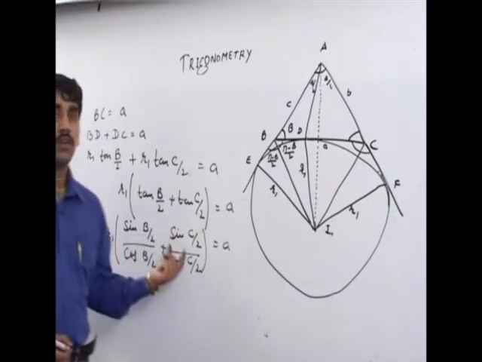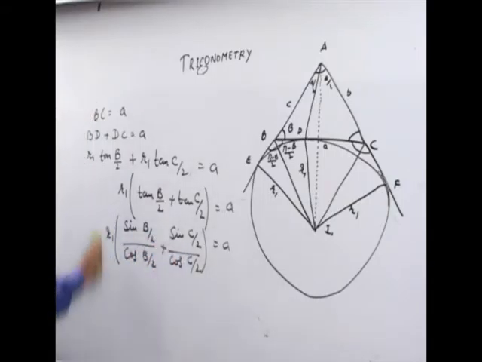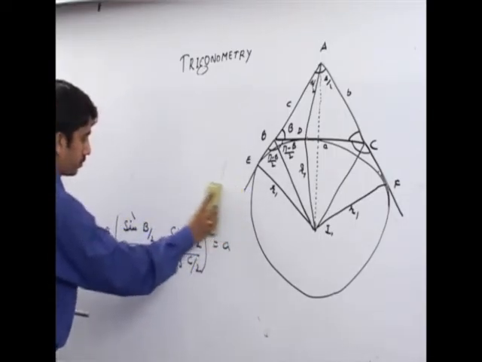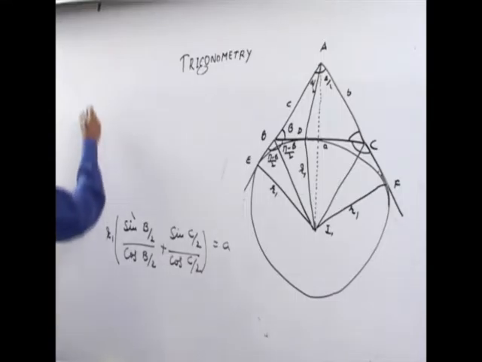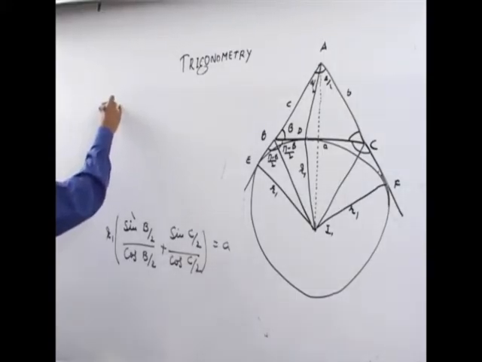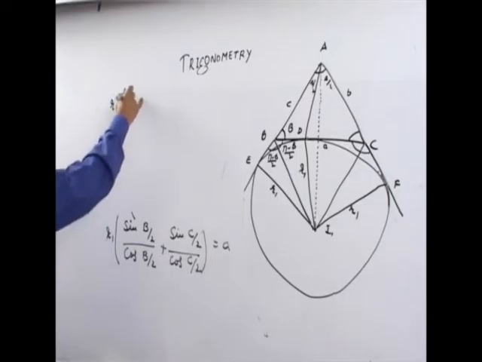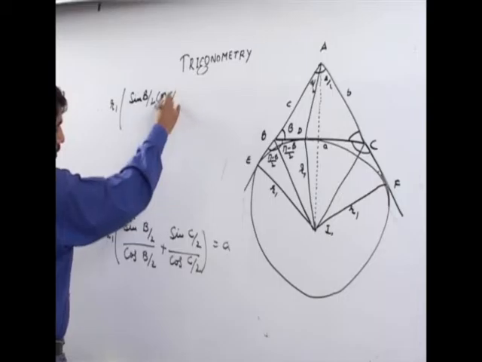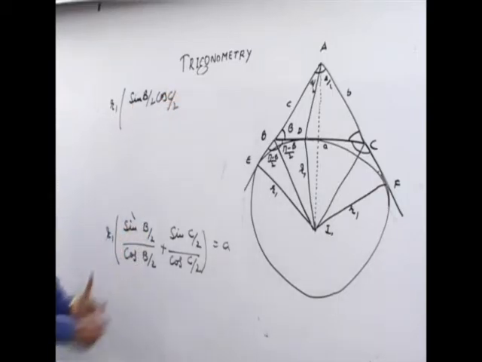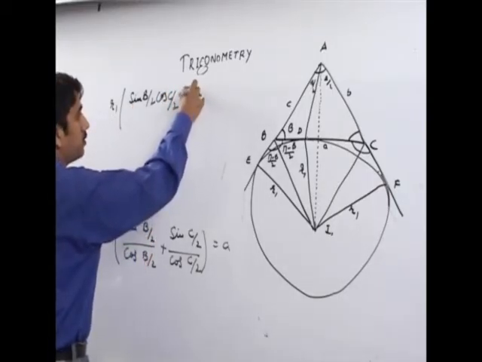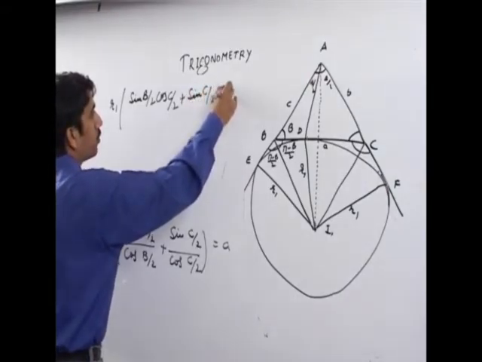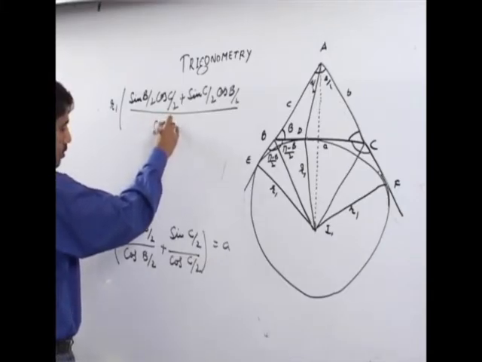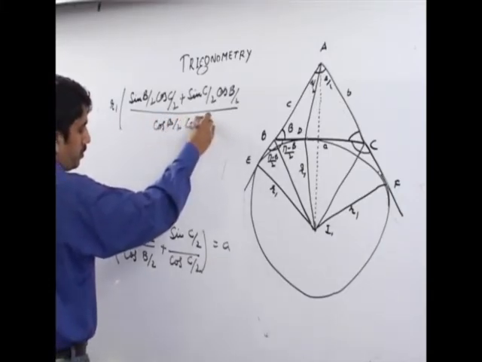which when you further solve, then you will get R1 into sine B by 2 cos C by 2 plus sine C by 2 cos B by 2, taking LCM, all over cos B by 2 cos C by 2.